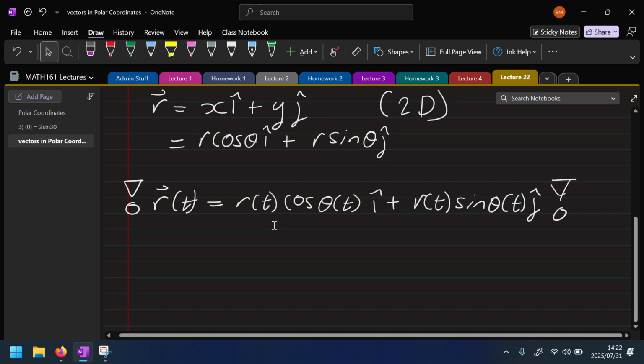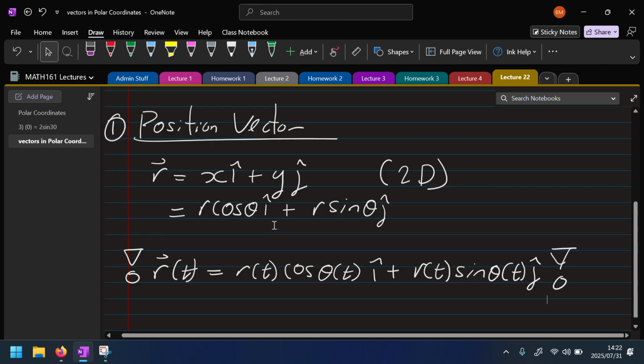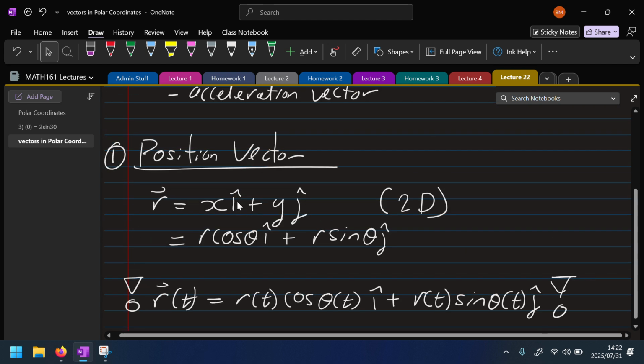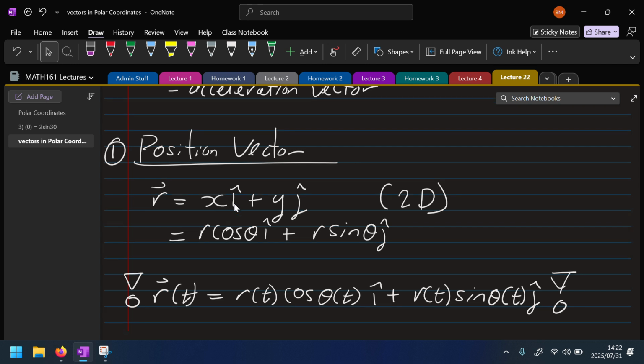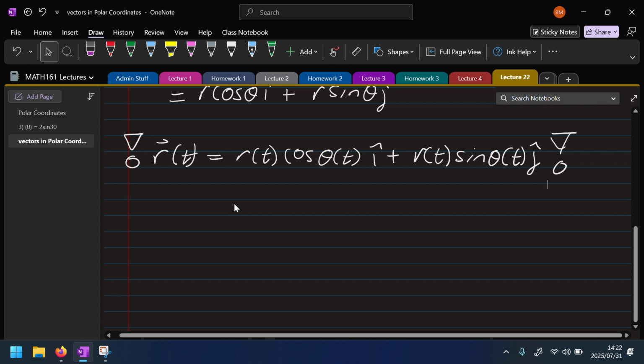So in Cartesian coordinates, back up here, we've got these unit vectors. You all know what unit vectors are. So i hat, that's the unit vector in the x direction. j hat, that's the unit vector in the y direction. We need the same thing for polar coordinates.